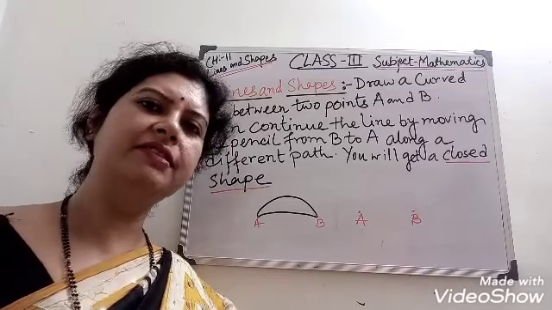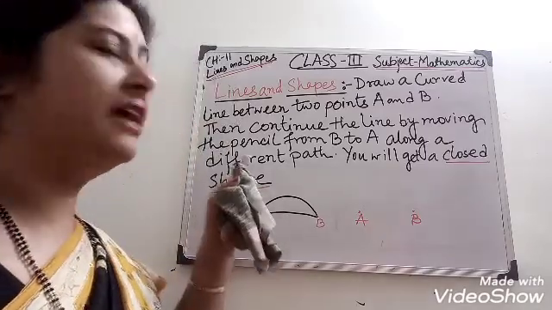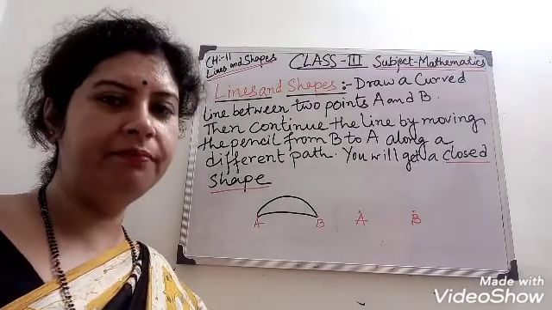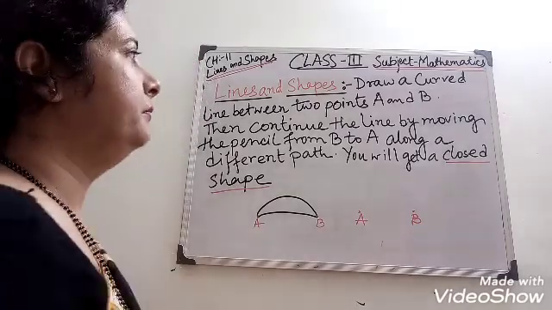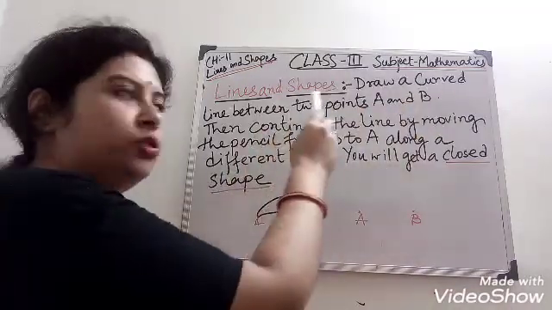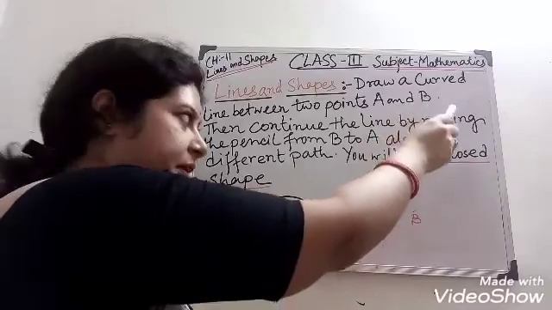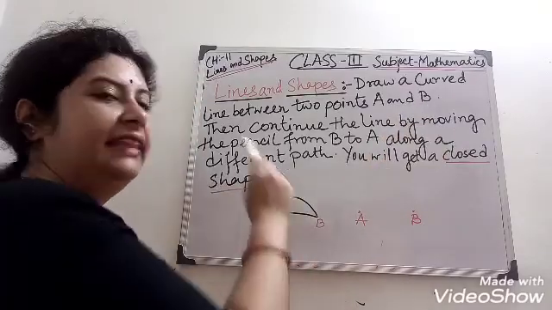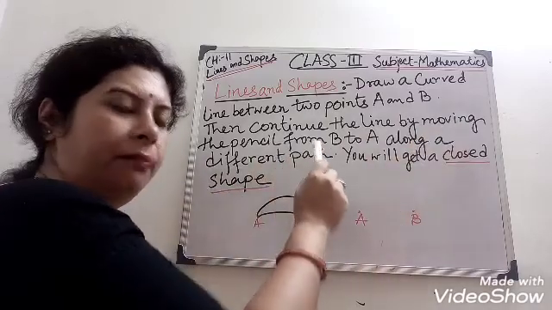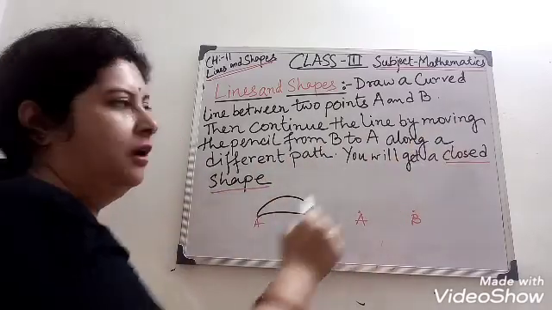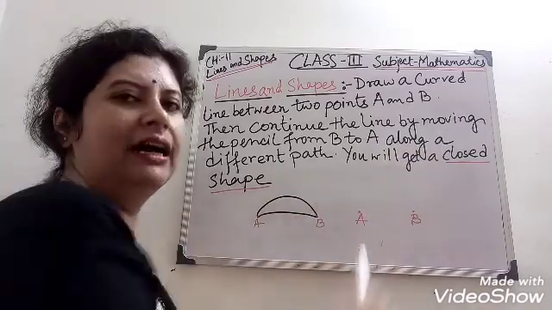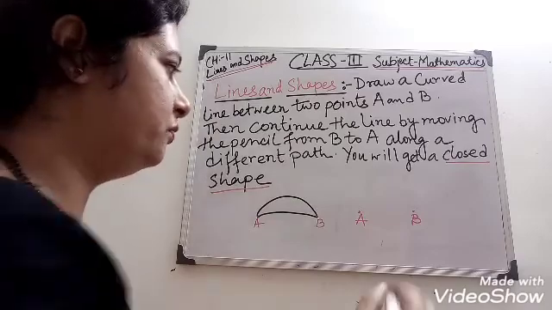Now children, our second part is lines and shapes. How will we get a shape from a line? First of all, draw a curved line between two points A and B. Then continue the line by moving the pencil from B to A along a different path and you will get a closed shape like this way.